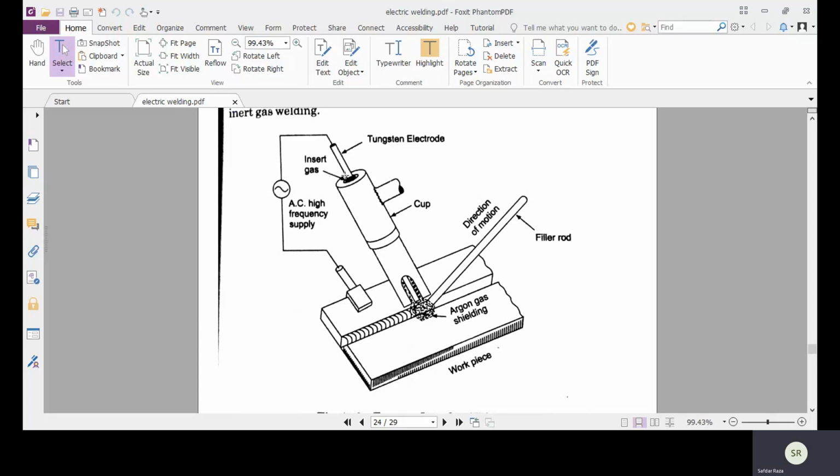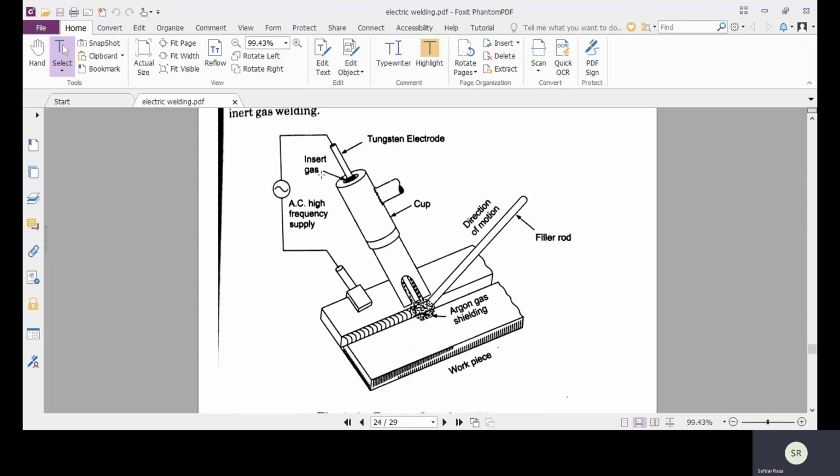From this holder, we can supply the inert gas around the electrode and also around the arc. Welding is done by striking an arc between the workpiece and the tungsten. So the arc is developed at this point, in an atmosphere of inert gas like argon and helium. The purpose of the inert gas is to prevent oxidation.